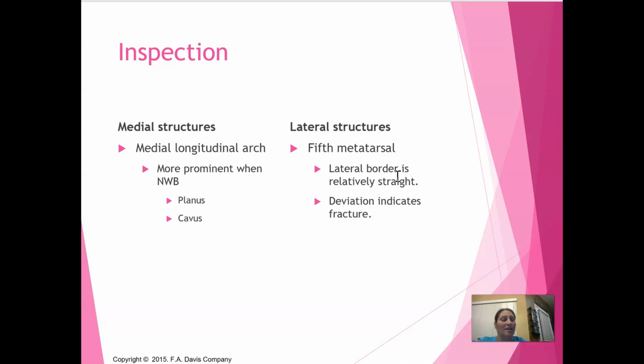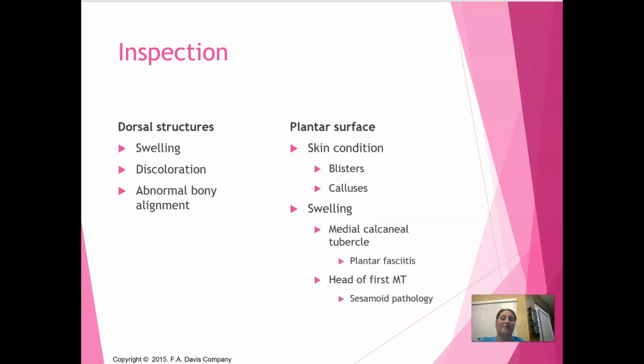If you have a severe lateral ankle sprain, sometimes instead of stretching or tearing, it ends up making it an avulsion fracture. That, and then the medial longitudinal arch, you're going to be able to identify that more with NWB, which is non-weight bearing, and you can identify if they have a high arch or a low arch, pes cavus or pes planus.